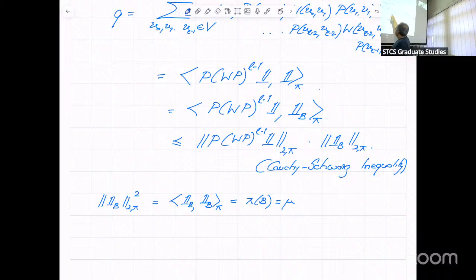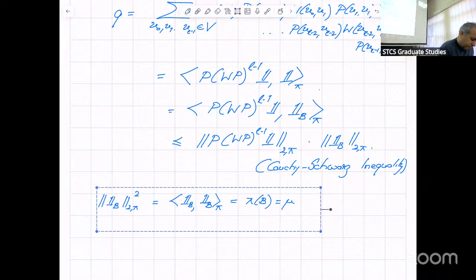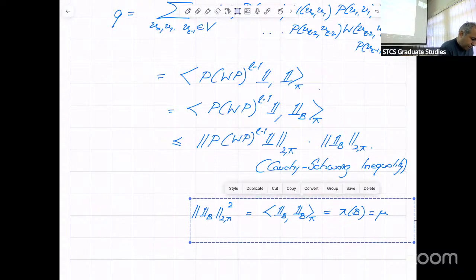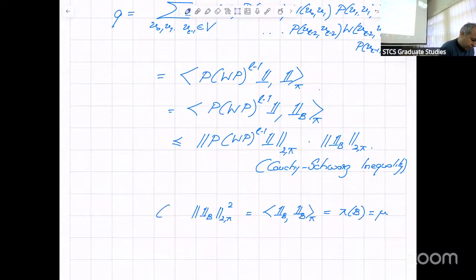So we are actually now interested in the other quantity. So this is less than or equal to, I can put a square root mu here.